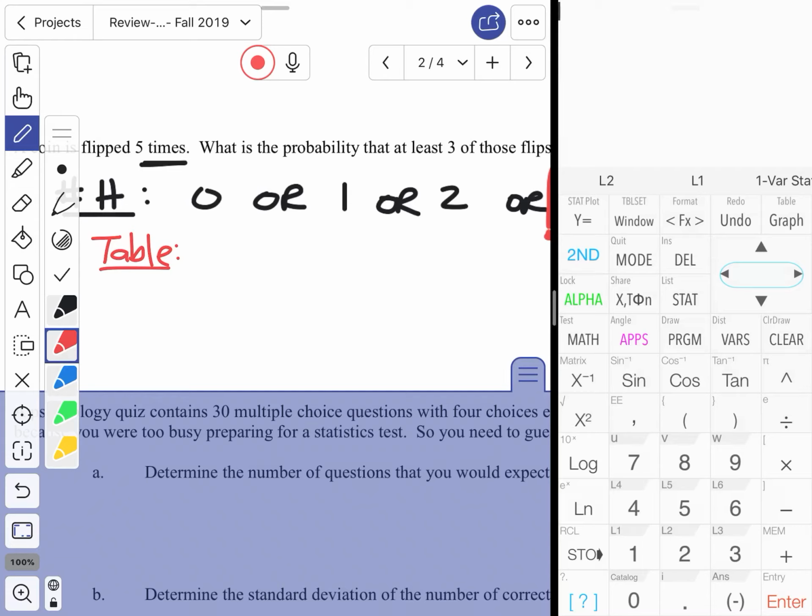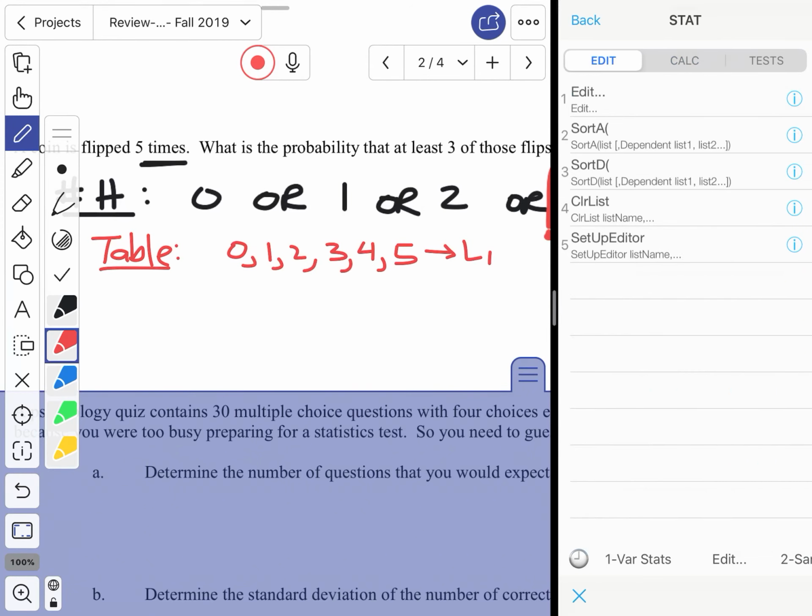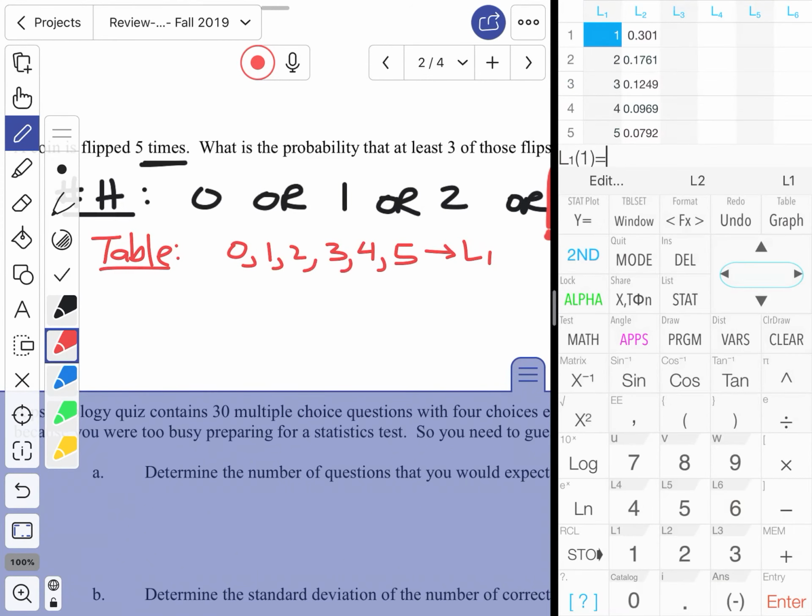All right, so the table method, we're going to put 0, 1, 2, 3, 4, 5 into L1. So stat, edit. I'm just going to wipe out both my columns. 0, 1, 2, 3, 4, 5.